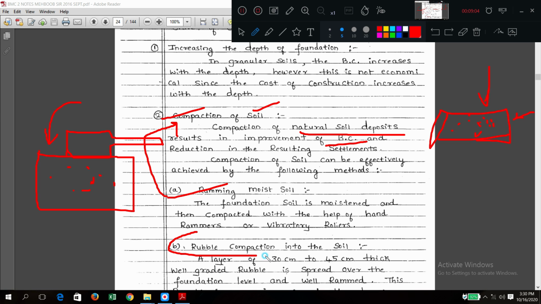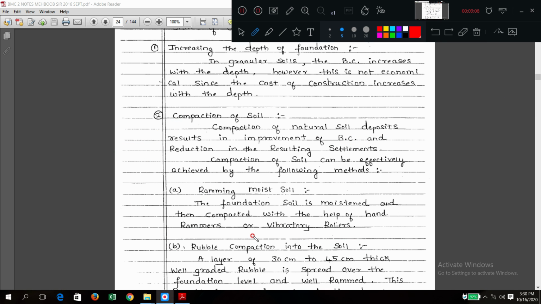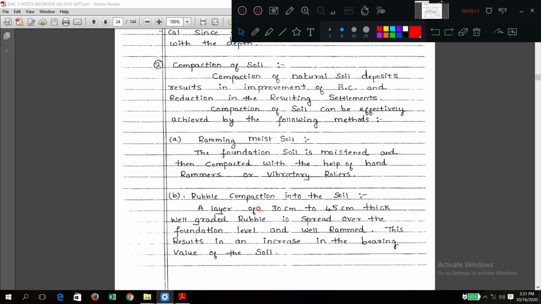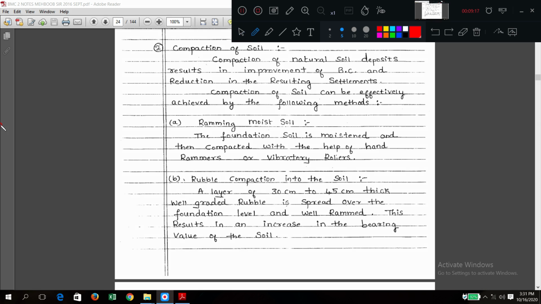Rubble compaction means what? Now you are excavating like this, and here the soil is a little weaker in bearing capacity. So what you do is put rubble stones, which are stones of 30 to 45 centimeter thickness.